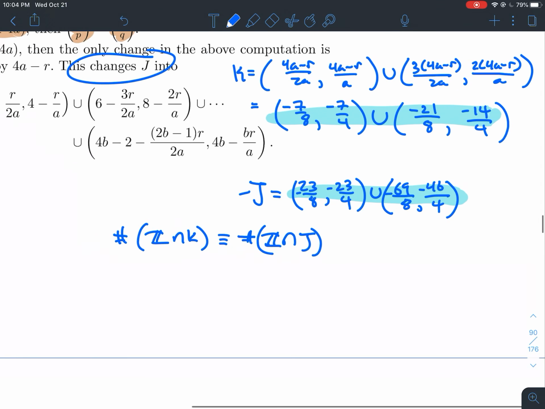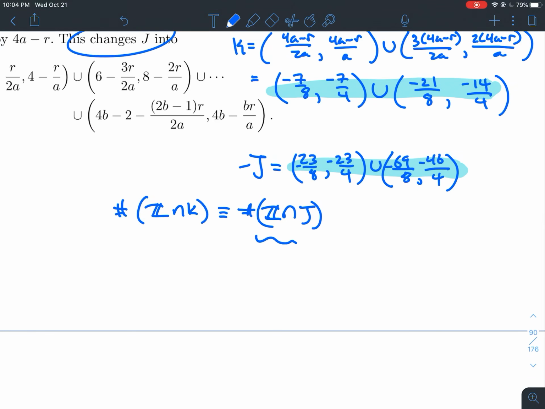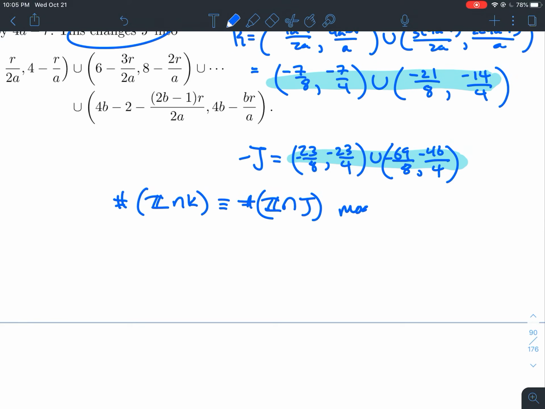And so what does that tie back into? From before, I knew that this was the Legendre symbol of A mod P from what we did earlier. And what this represents now with this k, with this 4A minus r, and that was under the assumption that Q is equivalent to minus P mod 4A, would be the Legendre symbol, I guess minus 1 to these powers. Sorry, I'm not being very precise with that. These things are equivalent mod 2.